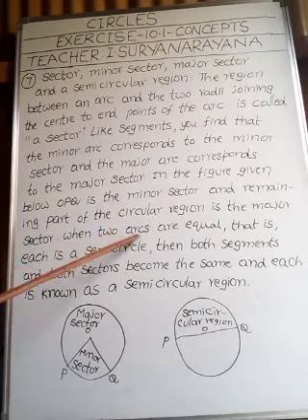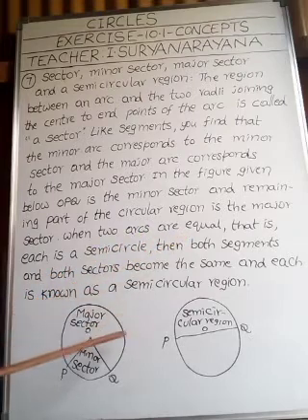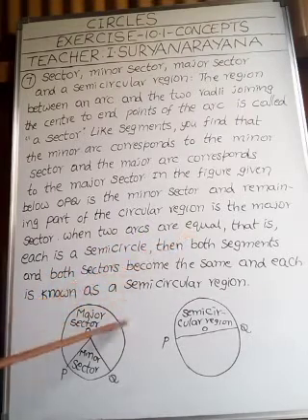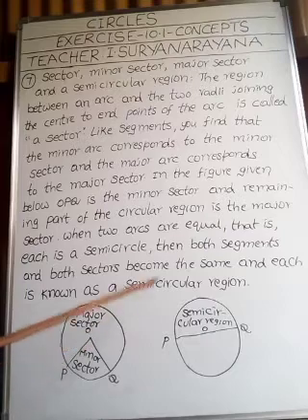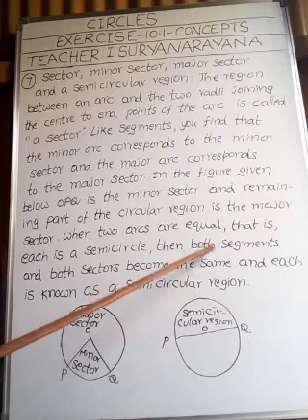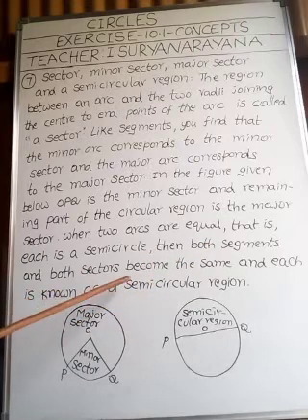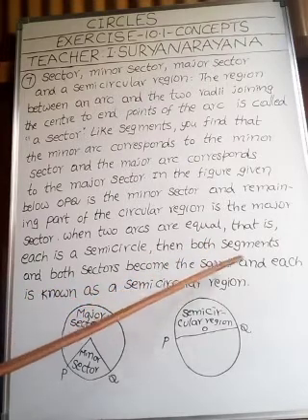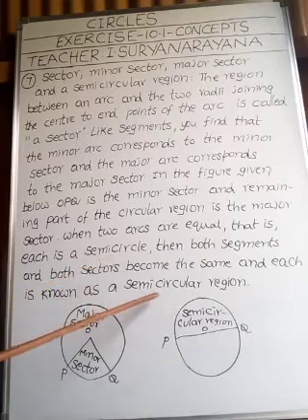When the two arcs are equal, means the major arc and minor arc are equal, that is each is a semicircle, then both segments and both sectors become the same, and each is known as a semicircular region.